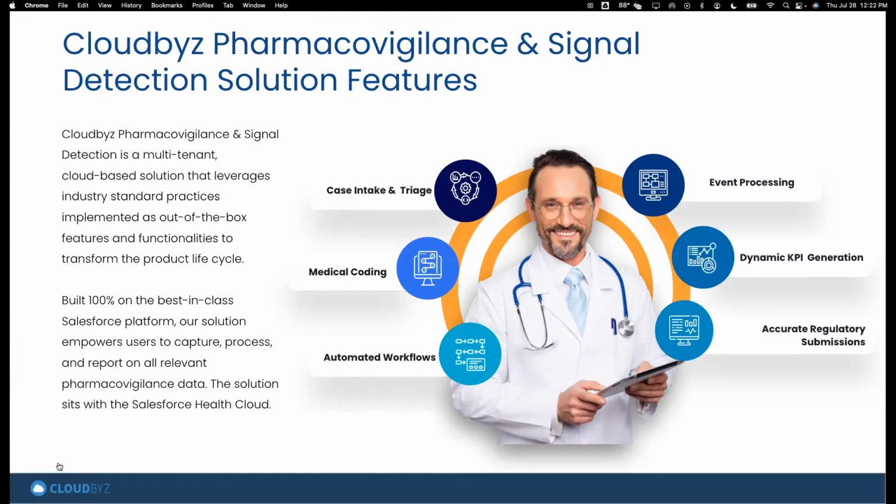So oftentimes there might be multiple so-called source data centers, but the source of truth can be a single cloud-based system as long as you can integrate. And because we're built on the Salesforce cloud platform, we're able to do that pretty easily with our open APIs. So once you have your cases inside of your system, this means that we can perform event processing in a granular way.